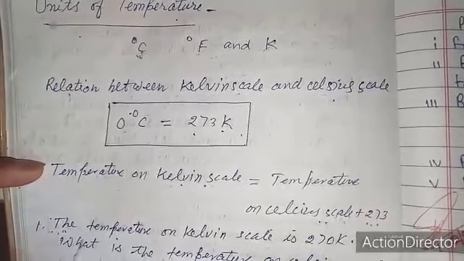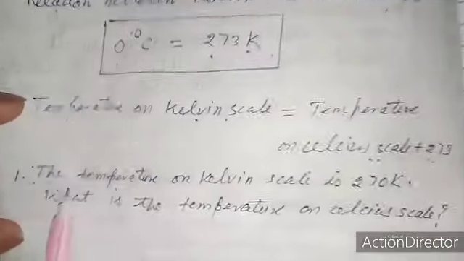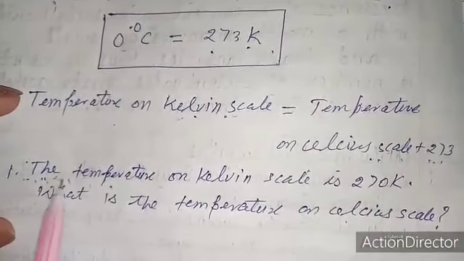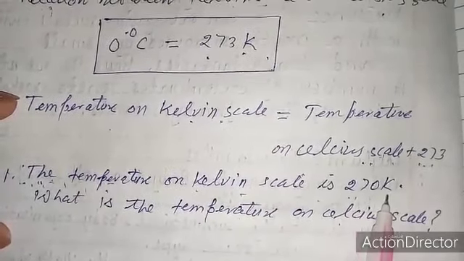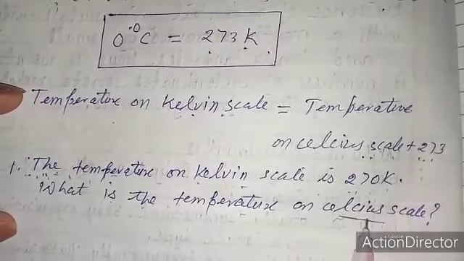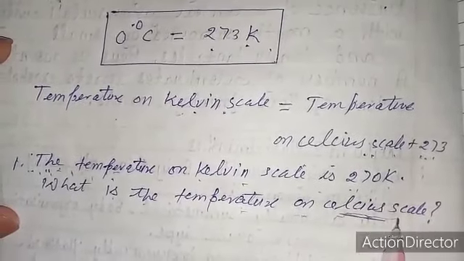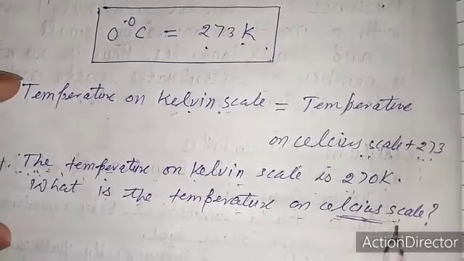This is a numerical. How to convert Kelvin into Celsius? The temperature on the Kelvin scale is 270 Kelvin. What is the temperature on the Celsius scale?